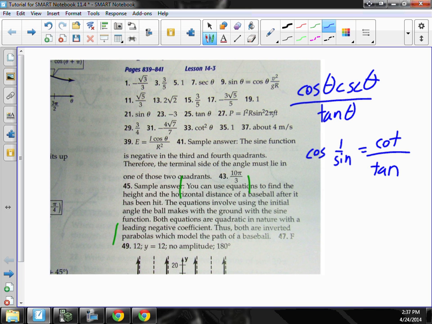Well, let's convert them all to sines and cosines. So cotangent is cosine over sine, and tangent is sine over cosine. How do you divide two fractions?